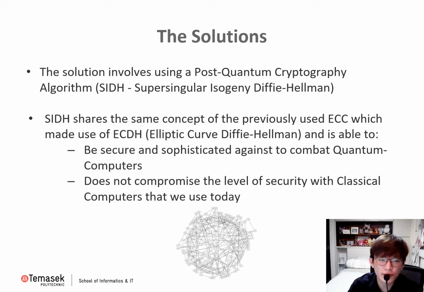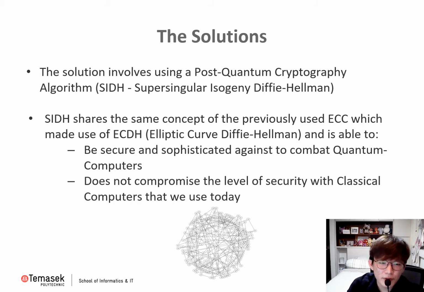So the solution that we use, SIDH, is post-quantum cryptography, meaning that it is really hard for quantum computers to solve. Not saying it's impossible, but it will take a really long time. And at the same time it is a familiar concept with elliptic curve cryptography, which uses Diffie-Hellman as well as elliptic curves, and is also known to be secure against quantum computers, as I mentioned earlier, and it doesn't compromise the initial level of security that ECC once had with classical computers, which are computers that we use today.